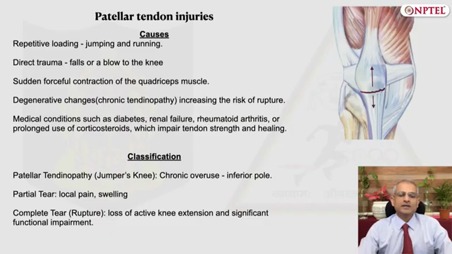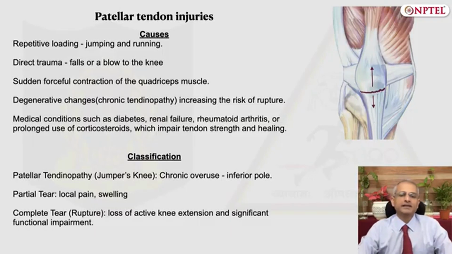Degenerative changes due to aging, overuse, or systemic diseases can weaken the tendon and predispose to such injuries. Weakening of tendons can also happen because of long-term use of drugs like corticosteroids or fluoroquinolones, and this also predisposes these tendons to injury.